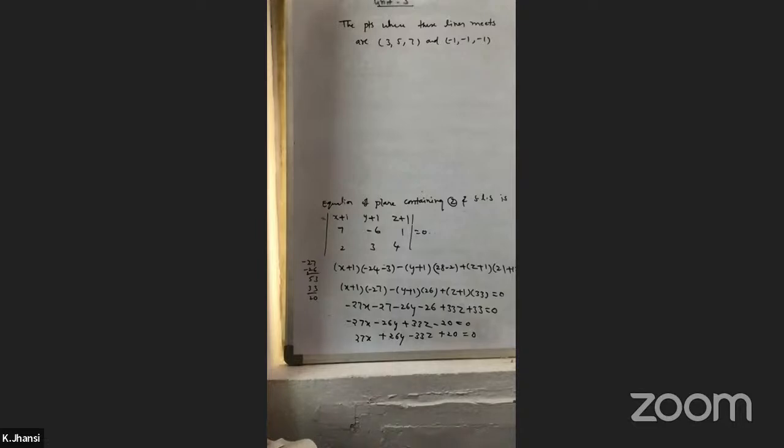Then again follow the same procedure. It will be somewhat lengthy, but it is a very easy method. So the 10th, 11th and 12th questions you can do by converting the unsymmetrical line equations into symmetrical line equations. So up to the 12th question, try to practice all the problems with this method.